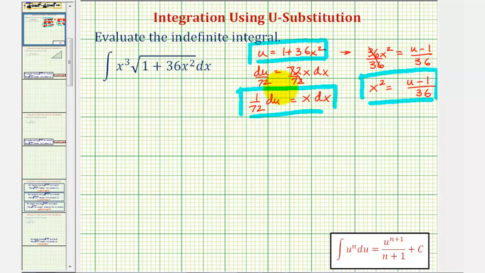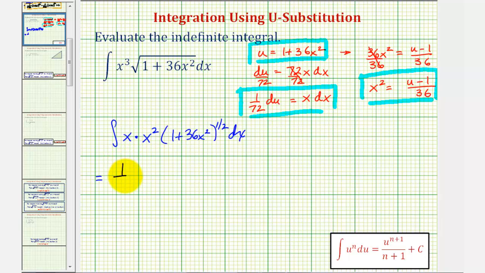Before we do this, though, let's rewrite this as the integral of x times x squared. Let's write the square root as the quantity 1 plus 36x squared to the 1/2. So now, again, x dx is equal to 1 over 72 du.